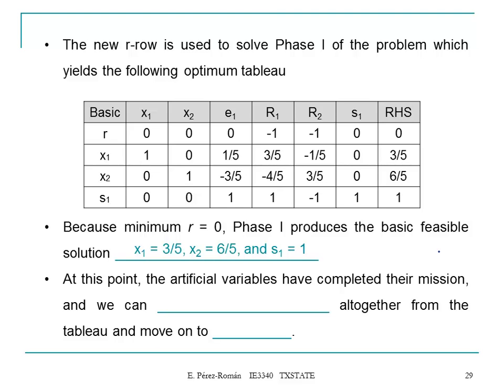So at this point, the artificial variables have completed their mission, and we can eliminate their columns altogether from the tableau and move on to phase 2. So what we're going to do is delete these 2 columns, and we're going to continue our solution in phase 2.